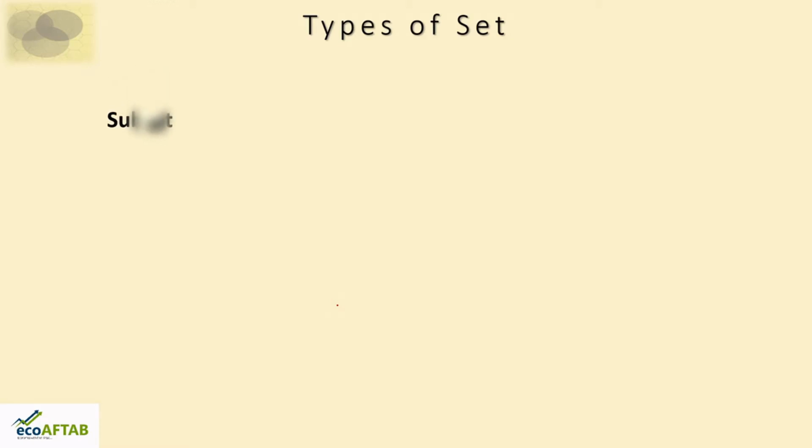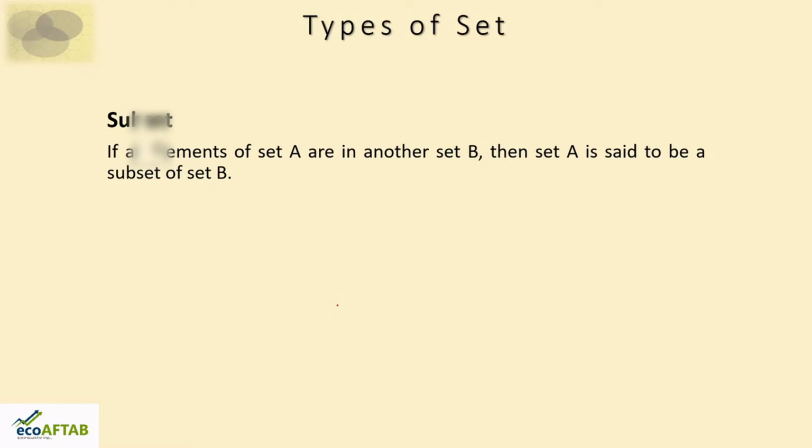Next is subset. As I told you, if all elements of set A are in another set B, then set A is said to be a subset of set B. B is broader, and if it contains A, then A is said to be a subset of B, or B is said to be a superset of A. So how is it denoted?